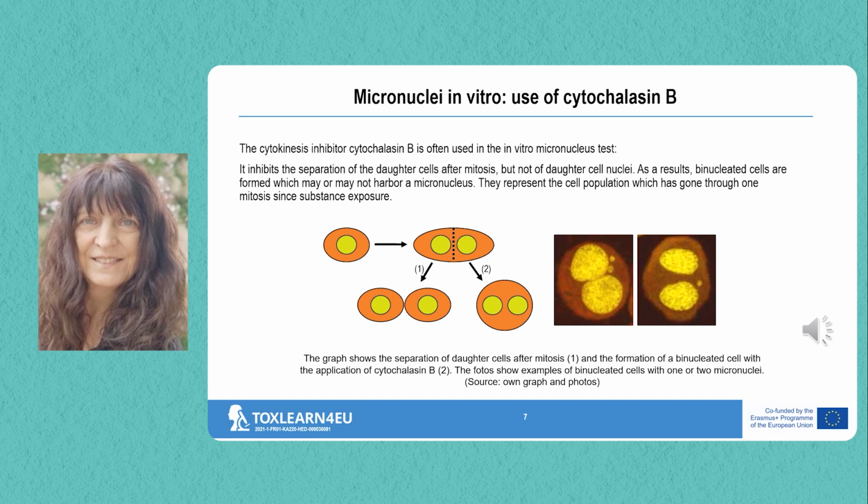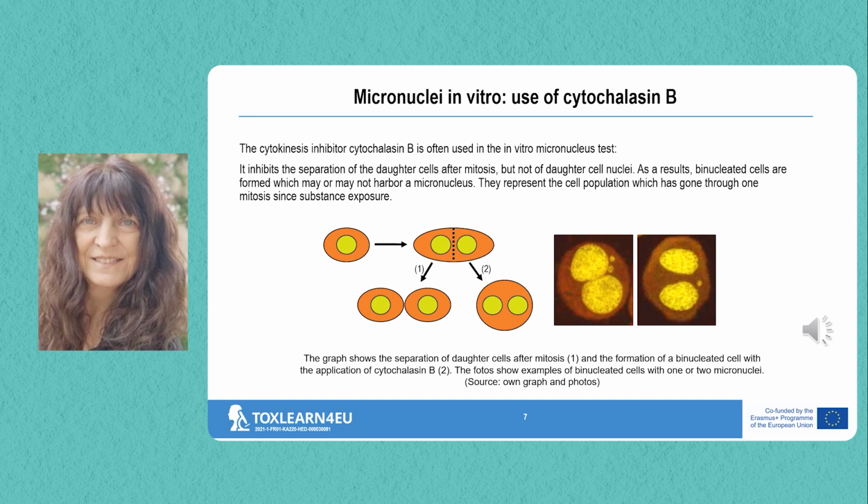In the micronucleus test in vitro, the substance cytochalasin B is often used. It is a cytokinesis inhibitor that inhibits the separation of the daughter cells after mitosis, but not of the daughter cell nuclei. As a result, binucleated cells are formed which may or may not harbor a micronucleus.